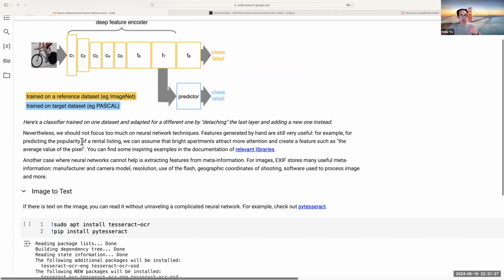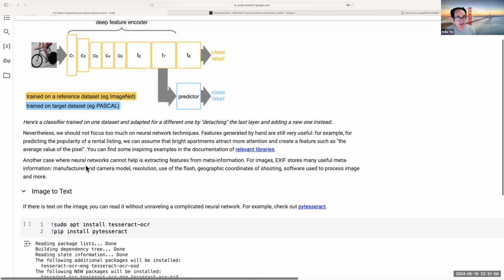For example, when predicting the popularity of rental listings, we may assume a bright apartment may attract more attention. So you can create features like the average pixel value. Maybe we can artificially create some features to fit our intuitions.